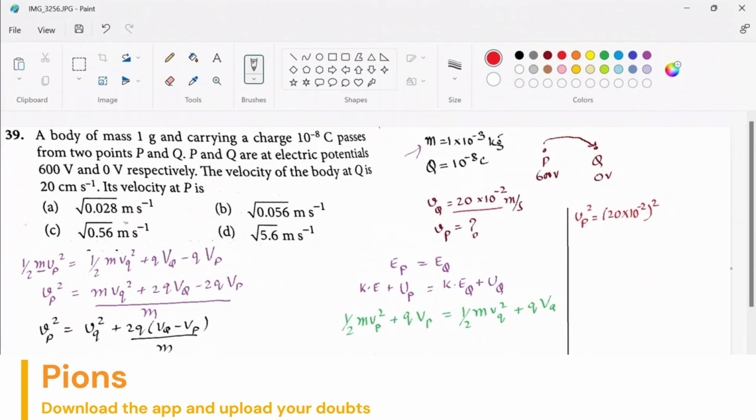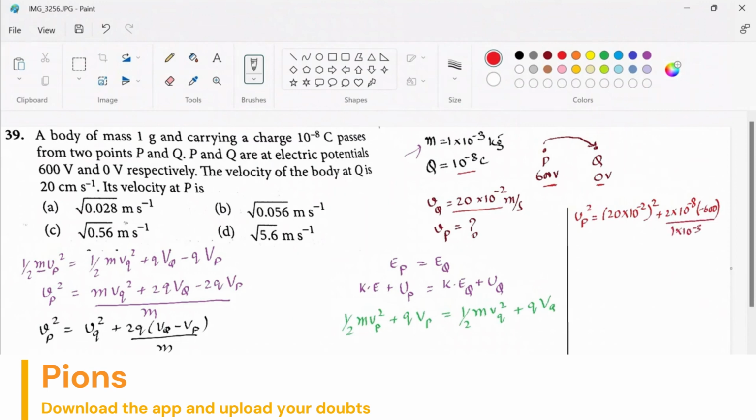Next is plus 2Q, so 2 times charge. What's the charge? 10 to the power minus 8. Vq minus Vp. What's Vq minus Vp? 0 volt, and this is 600. So let's take it minus 600. Why minus 600? 0 minus 600, whole divided by m. What's the mass? 1 into 10 to the power minus 3.